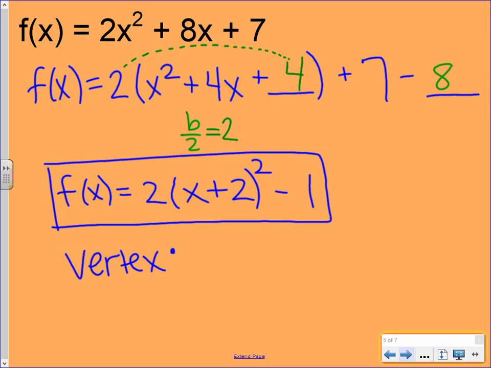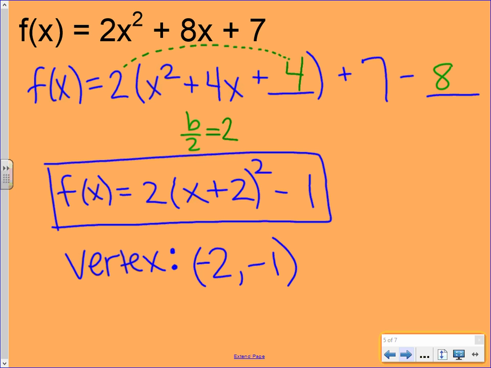Marissa, where's our vertex? 2, -1. -2, -1. I was going to give you a chance to look at that. This is a shift left 2 and down 1, so our vertex moves to -2, -1.